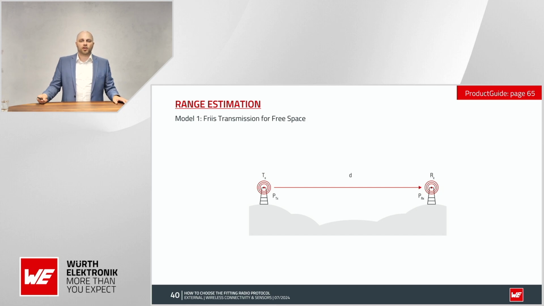Another thing is the range estimation, especially if you compare different technologies or products. Very often you find a definition of a free space range or a line of sight range, but you cannot use it in reality, because this is not possible in the real world, except if you send data from the Earth to the Moon or something like that.